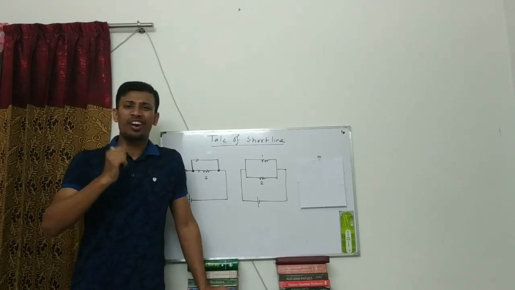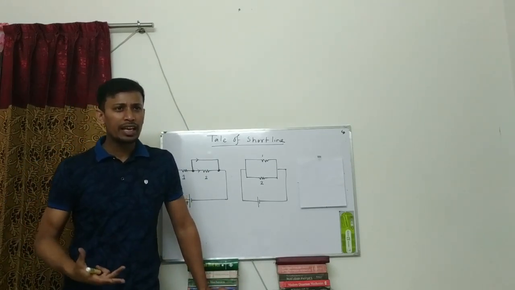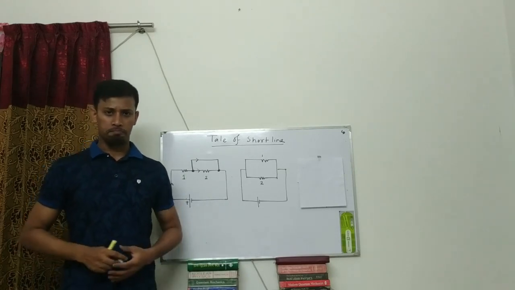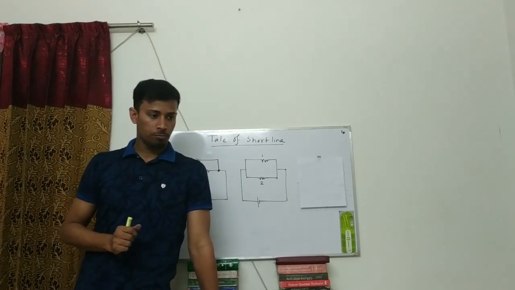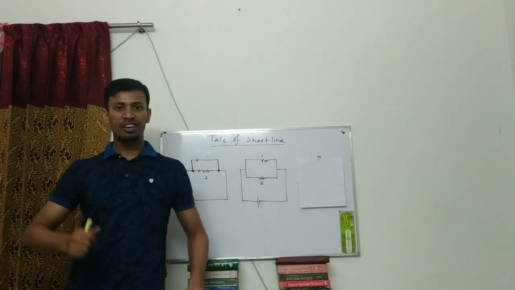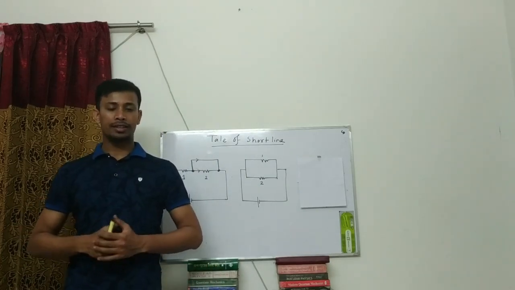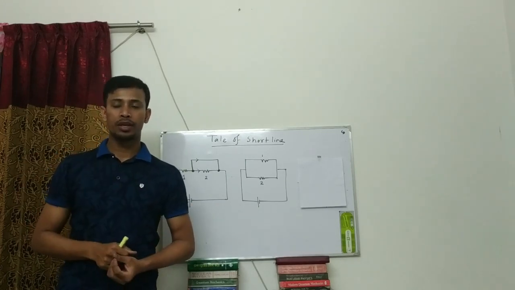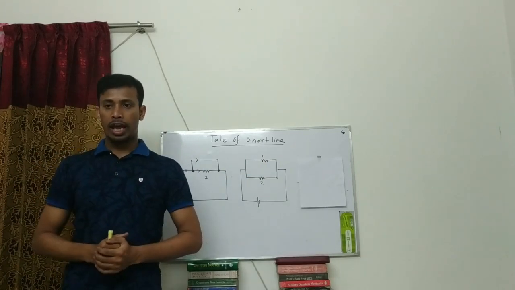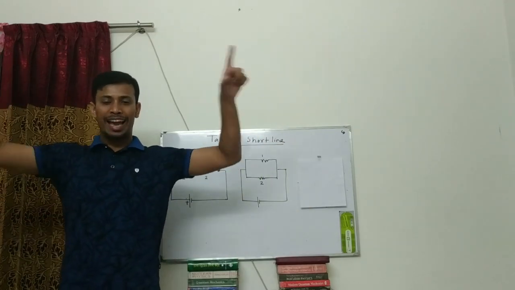So what are resistances? These are like obstacles, problems. So let me tell you an analogy, an example. Suppose you are a driver and at a certain time while driving you reach a particular point and there are two roads, and both roads have a signboard.